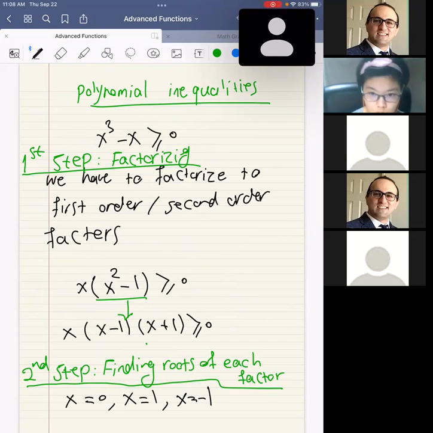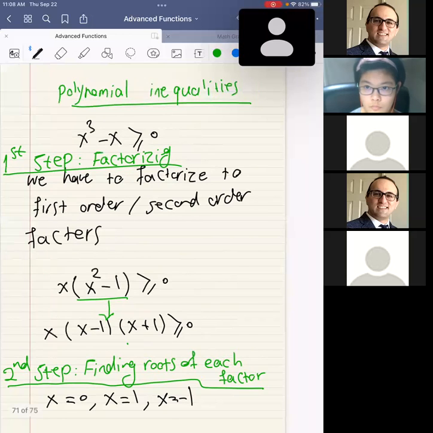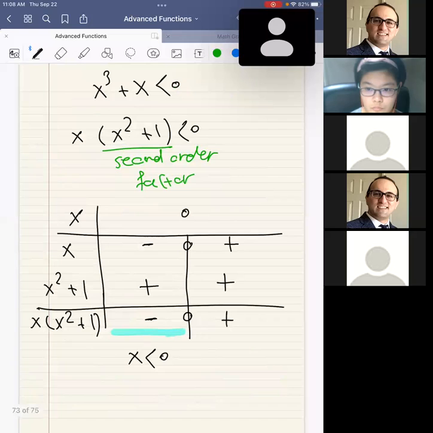Okay, so the ideal thing is to factorize a polynomial into first order and second order factors, right? If you have something like x cubed plus x, then you can factorize it as x times x squared plus 1.